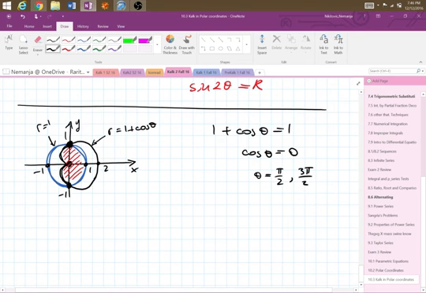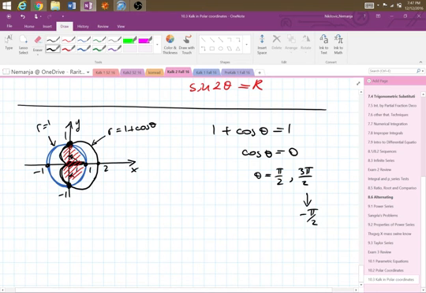So for the circle, we start here at 0, and we go this way to pi over 2, which is the intersection of the two. But look at the bottom part. If it goes this way, it's negative pi over 2, which is this one actually.